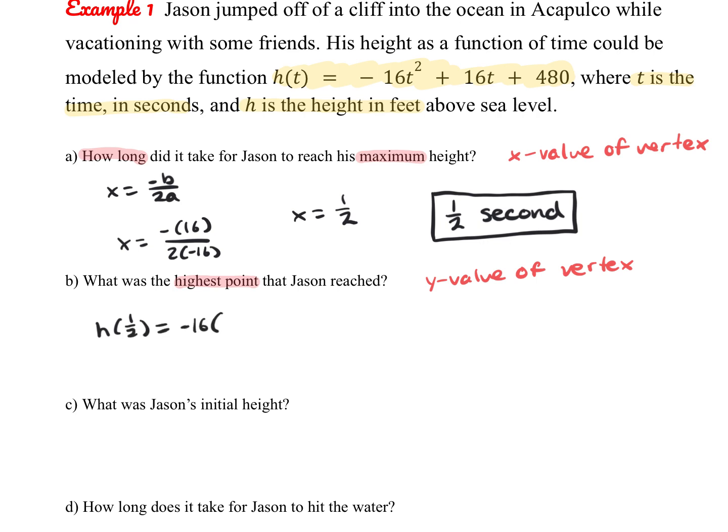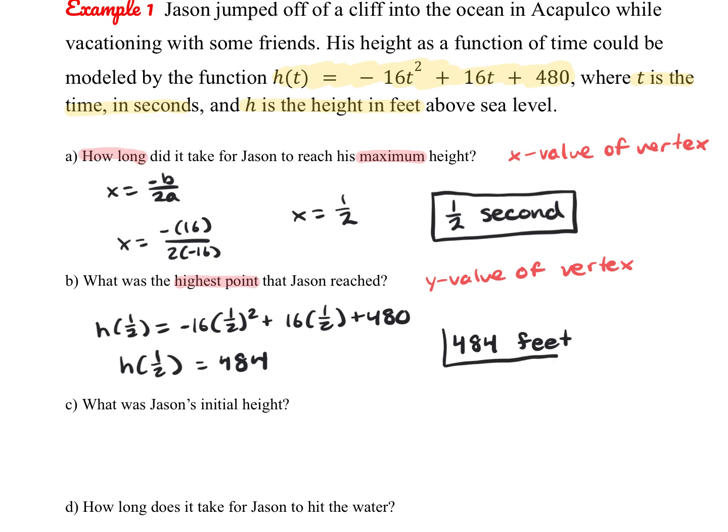So negative 16 times 1/2 squared plus 16 times 1/2 plus 480. And we should get 484, and then we'll want to make sure we have our answers with units. So 484 feet, which is the units of our y-axis.